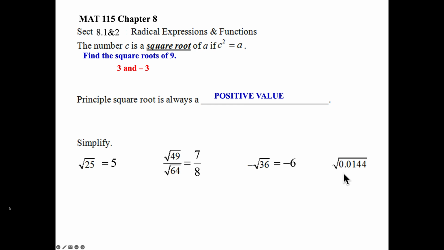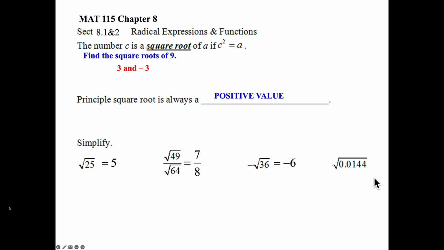Here we have the square root of 0.0144. If you're working with decimals, I notice that there are 4 decimal places. If I need a number times itself to give me 4 decimal places, each number has to have 2 decimal places. So I see this as the square root of 144, which is 12.